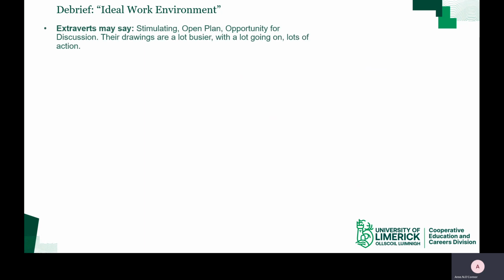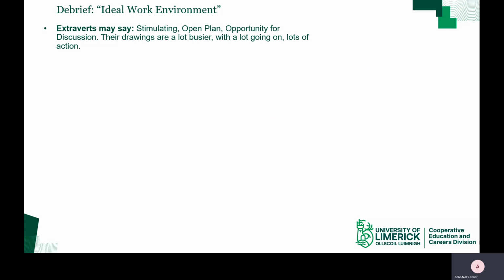What I'm going to do now is, hopefully you've gone and you've done the exercise and you've started back again at the video. But what you will see is people who have a preference for extroversion will normally enjoy a really stimulating, open plan environment where they have the opportunity for discussion.